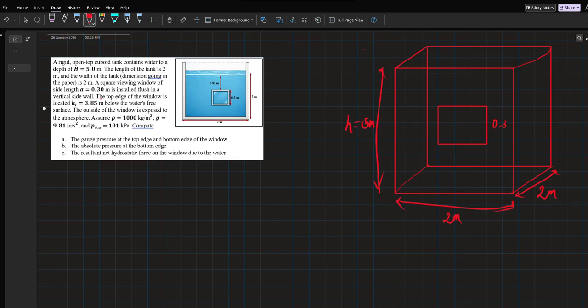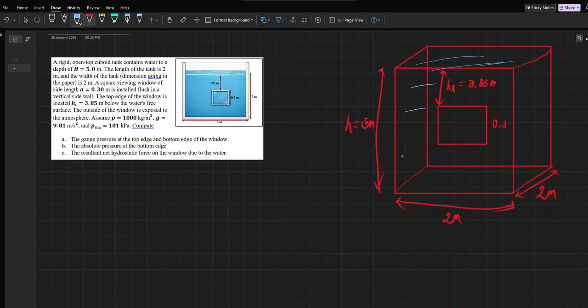Then the top edge of the window is HT, which is 3.85 meters from the water surface. The entire tank is filled with water.